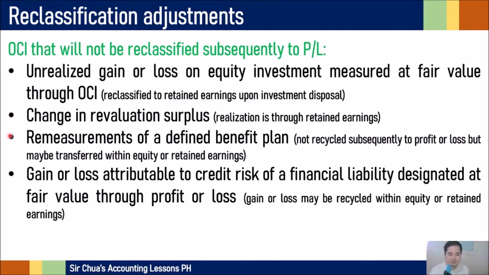Remeasurement of a defined benefit plan not recycled subsequently to PL but may be transferred within equity or retained earnings. And then gain or loss attributable to credit risk of a financial liability designated at fair value through PL dahil yan po ay dinediretso ang effect sa equity or retained earnings.